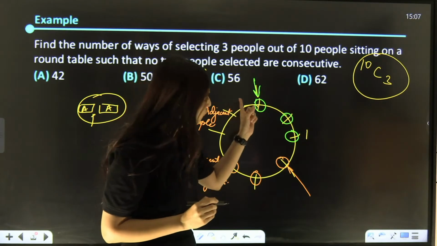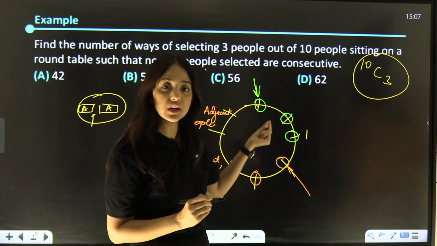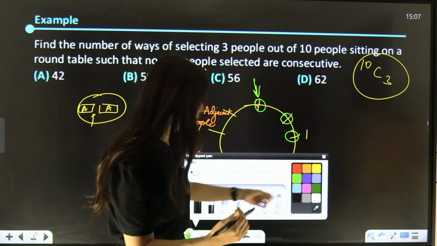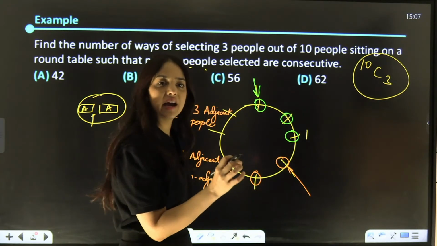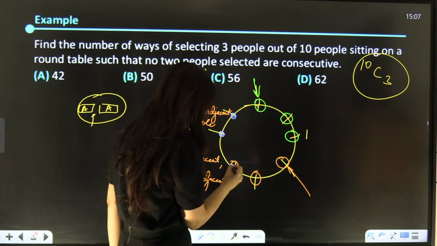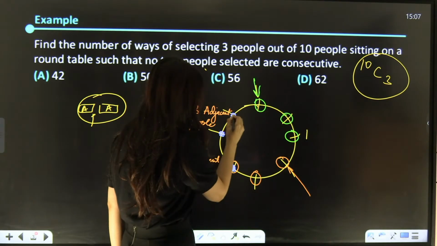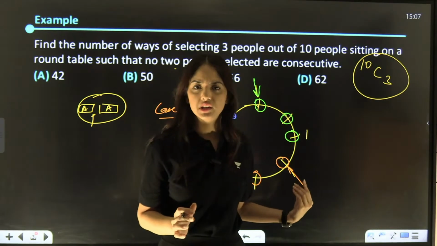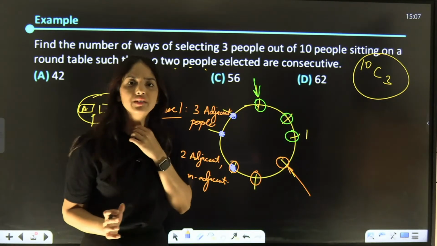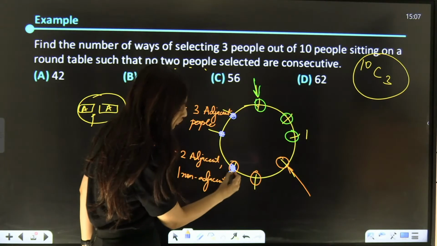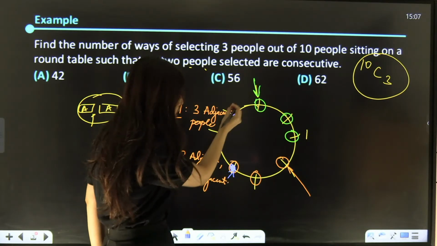So as soon as we fix the first person, and another way of looking at this is, let's say I'm choosing this, this and this. These 3 persons that are marked with blue, these are the 3 adjacent. I want to see, how do I make sure that I include this? I only count the first person and then go clockwise.